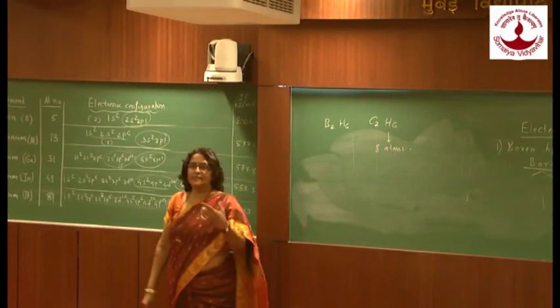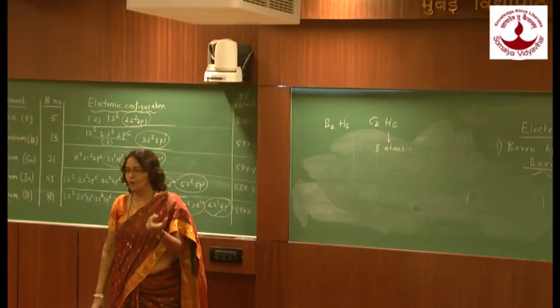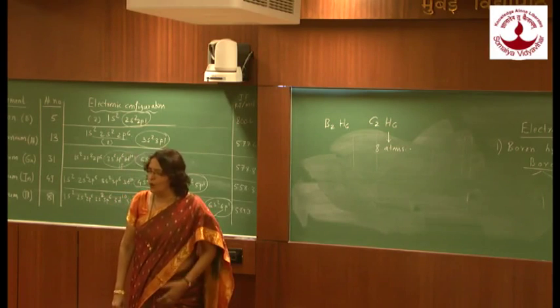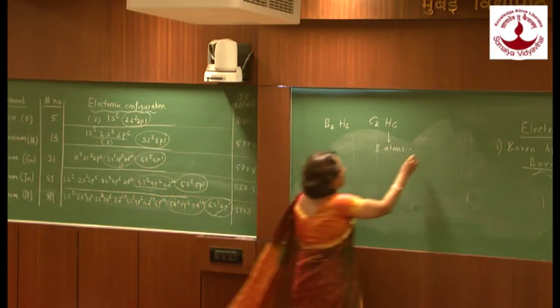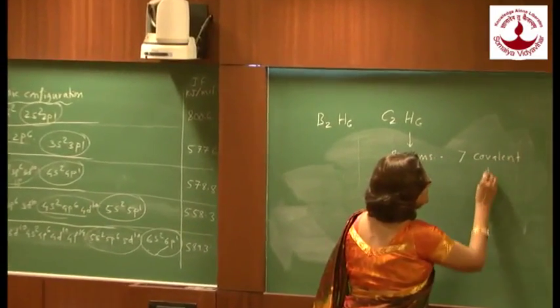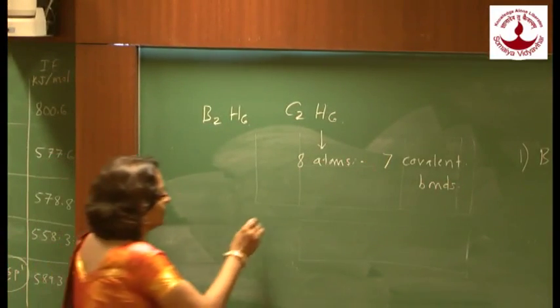So if these 8 atoms are to be held together by simple covalent bonds, because we know that in the ethane molecule you have simple covalent bonds, then you require a minimum of 7 covalent bonds. Okay, so we can draw this.